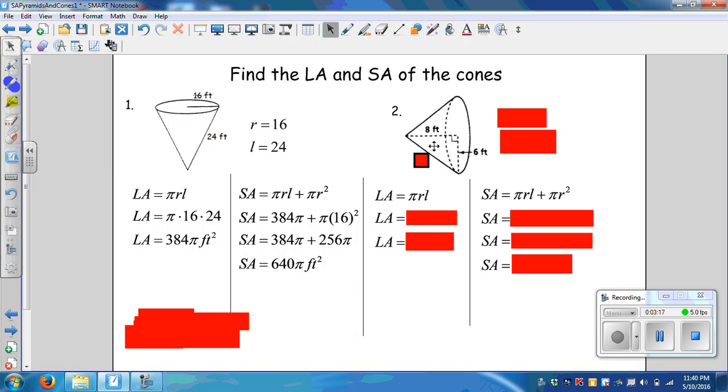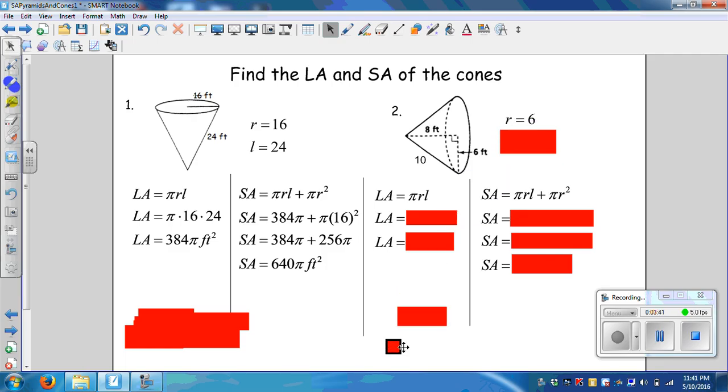Number 2, in this particular cone, the base is still the circle with a radius of 6, but this time they give you the regular height, which is 8. That is not used to calculate the lateral area or the surface area. We need the slant height. This particular right triangle is a Pythagorean triple, which means the hypotenuse is 10, and that is your slant height.